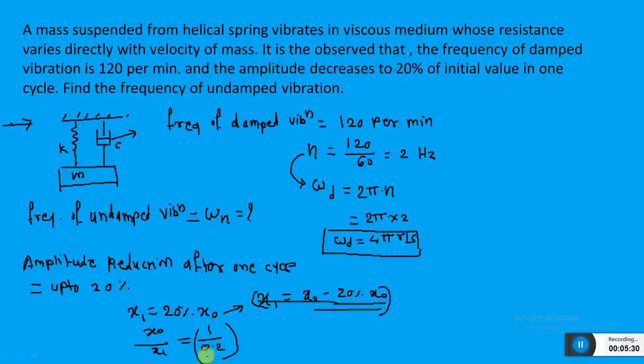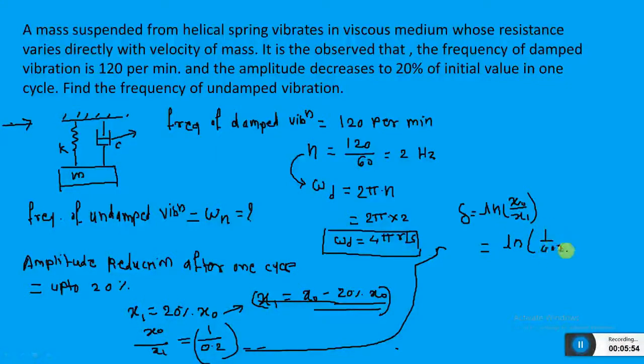Okay. So from this, we will find out the logarithmic decrement, which is ln x0 by x1, that is equal to ln 1 upon 0.2. So it is equal to 3.91.